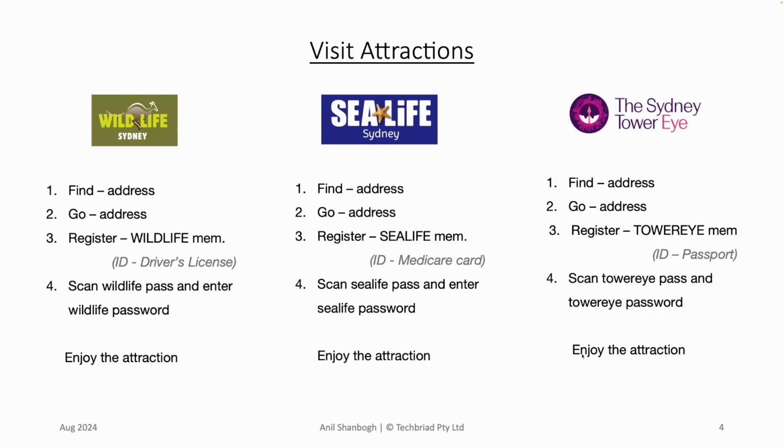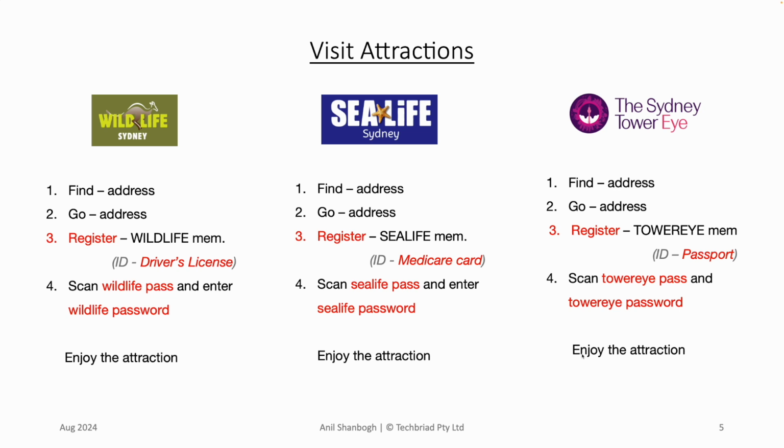So if I want to visit, for example, 100 different attractions, what does that mean? That means I go to 100 different attractions, and then I have to register or obtain 100 different passes, and possibly 100 different secret keys associated with each of the passes.